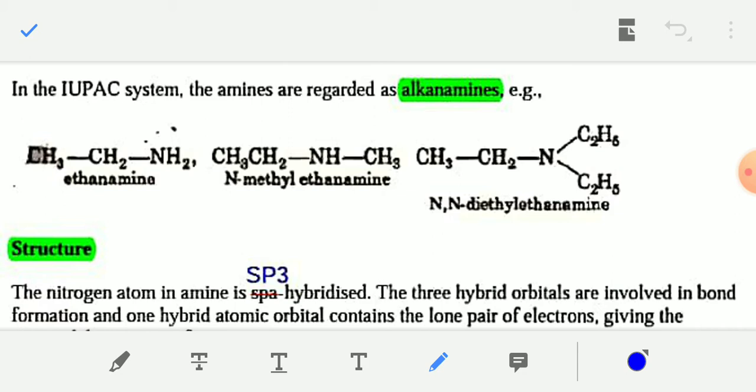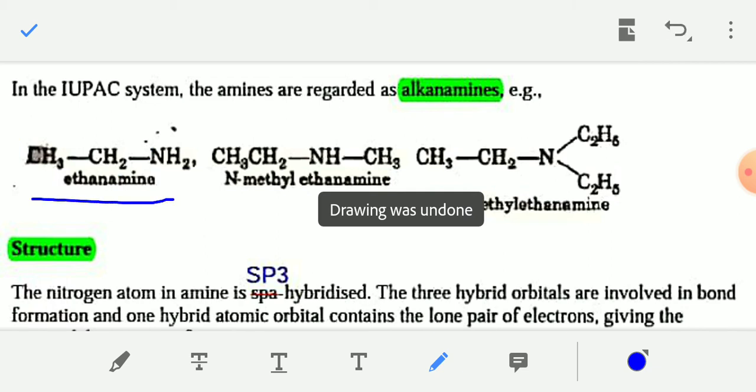First you have to write the name of the alkyl group like alkane, and then the name amine. Here the alkyl group is ethyl group. So the name of this amine, that is CH3CH2NH2, is ethanamine. This is a primary amine.